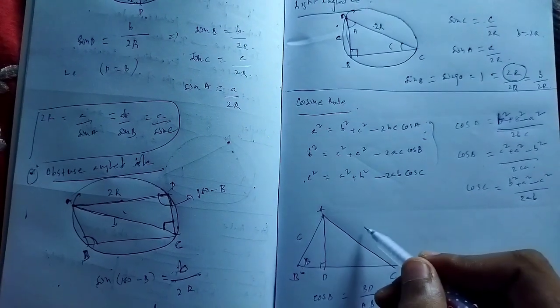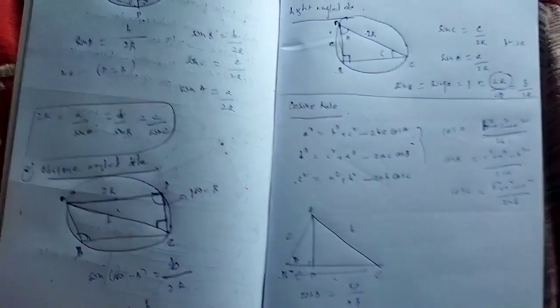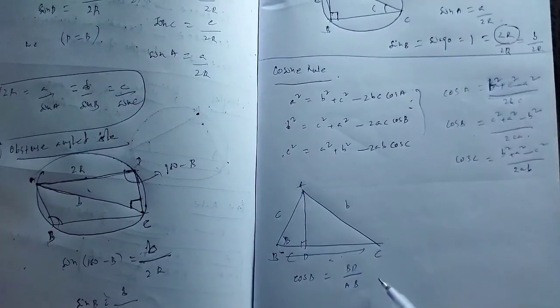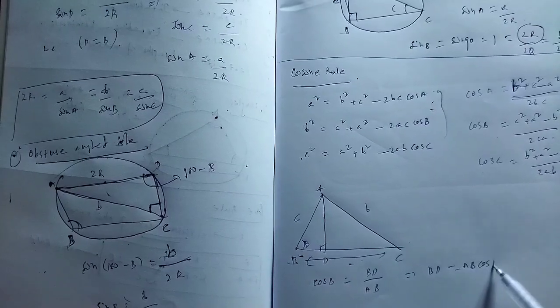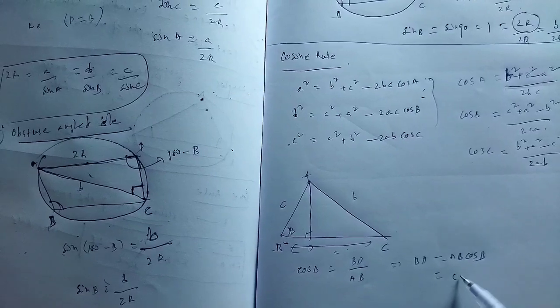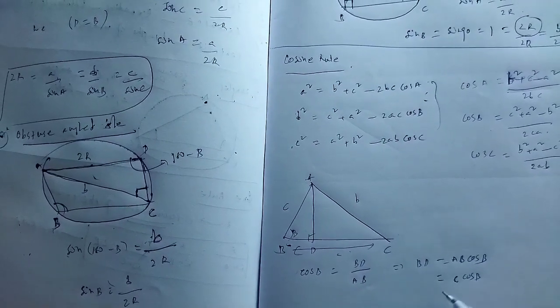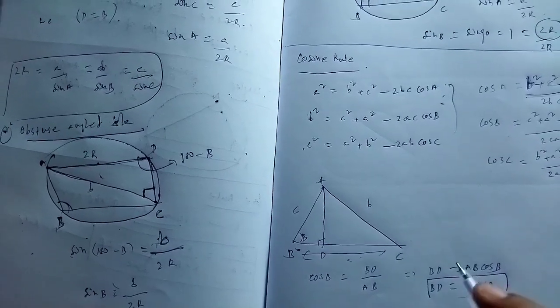AB is c, AC is b, BC is a. So that implies BD equal to AB cos B, which is equal to c cos B. BD is c cos B.